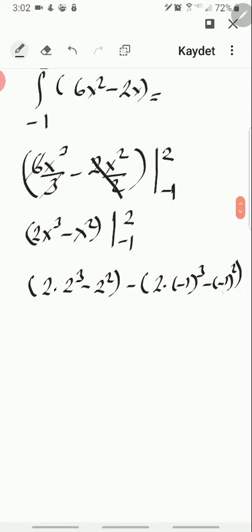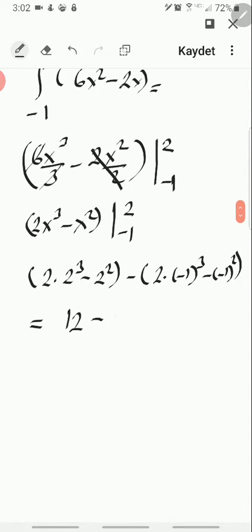Do not forget to write parentheses when we have minus 1. From here, 16 minus 4 is 12 on the left part. On the right part, we have minus 2 minus 1, which is minus 3. So our final answer is 15.